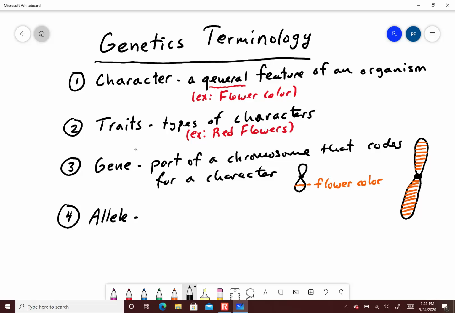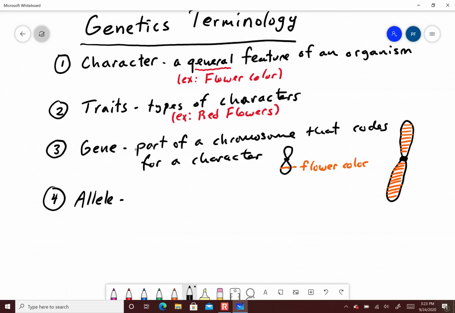When we're looking at inheritance, if we simply said, hey, we're passing a gene for flower color on, that doesn't really tell us much. It's kind of like, well, duh, we're passing genes for everything on. That's what it's for. So we also have to look at what types of genes are present, and that's what these things called alleles are. An allele is a different form of the same gene.